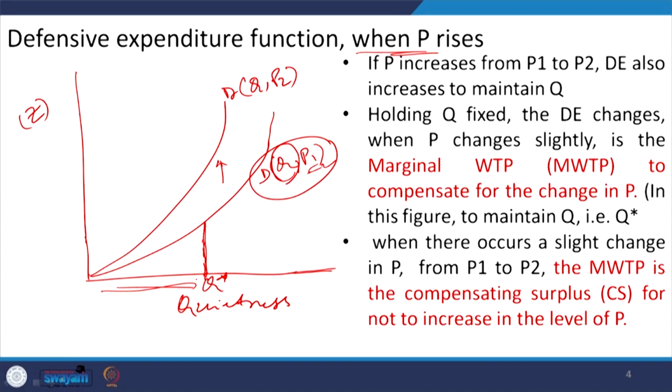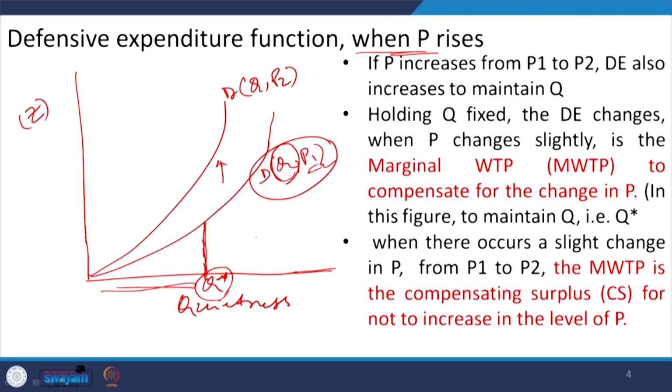Now the noise pollution has increased, and obviously the individual would be interested in maintaining the same level of quietness, he is not going to compromise. So, what would be his defensive expenditure in order to maintain the same level of quietness, that we are discussing.